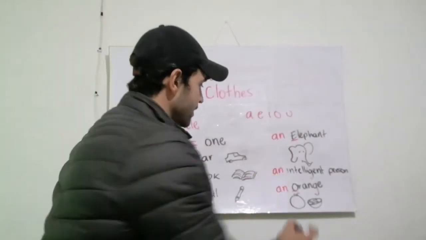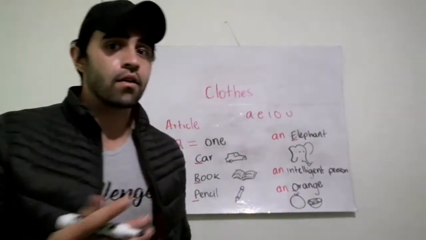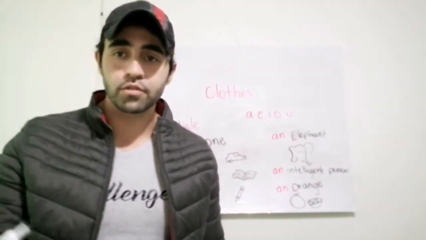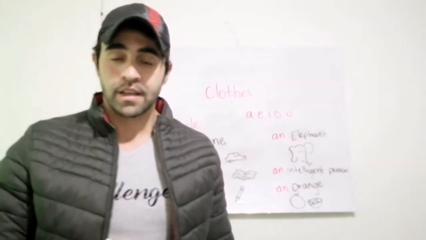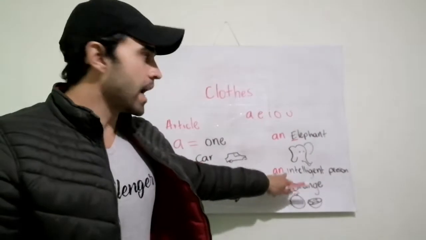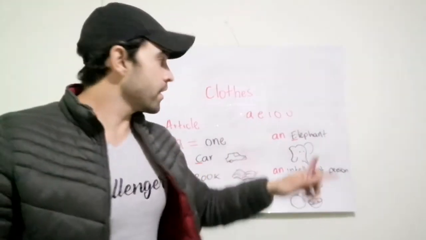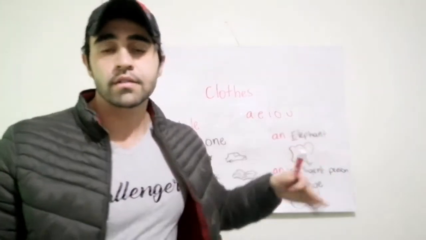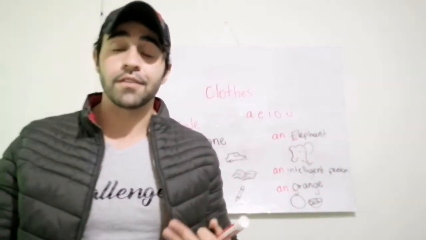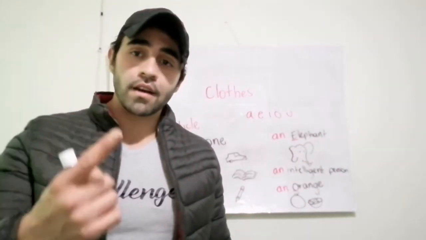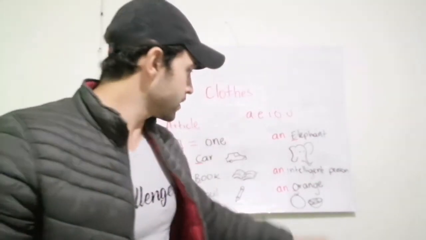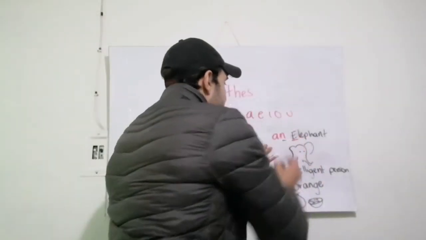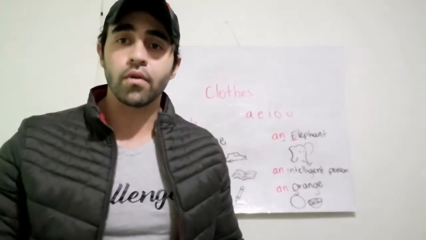Now here, notice that intelligent, even though it's not a noun, it's not an object, it's an adjective, it starts with the vowel I. If it starts with A or E or I or O or U, then it's important that if it's singular, you start with an. Yes, you add this little n and then add the word that you need.